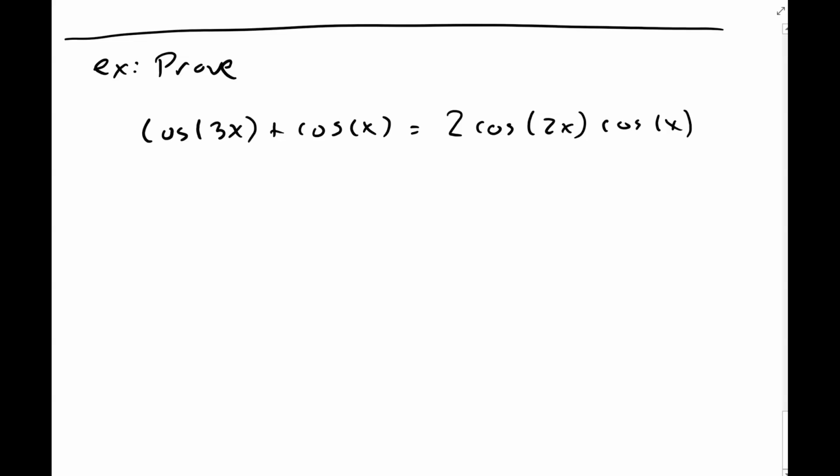All right, let's say I want to prove this identity. Cosine of 3x plus cosine 2x is equal to cosine 2x times cosine x. Which side do you think we should be working on?